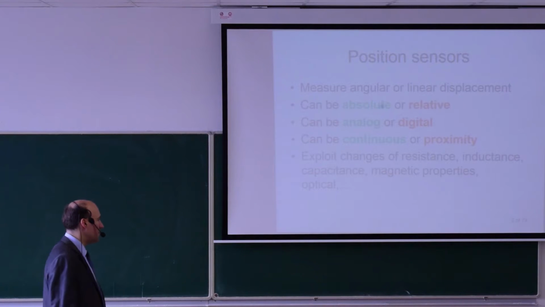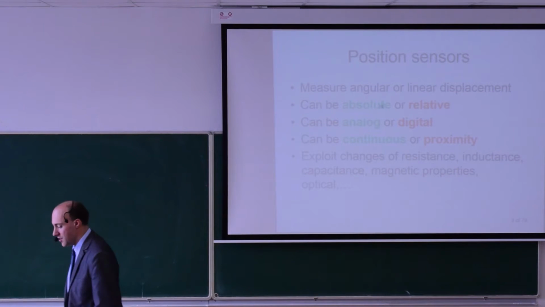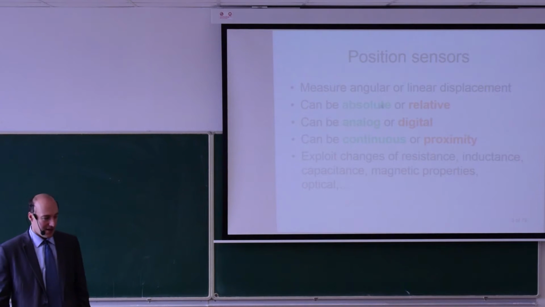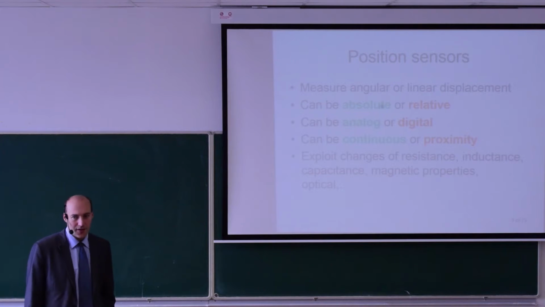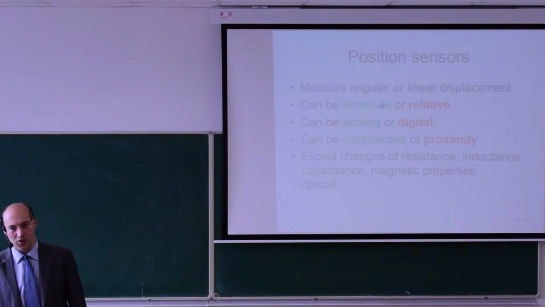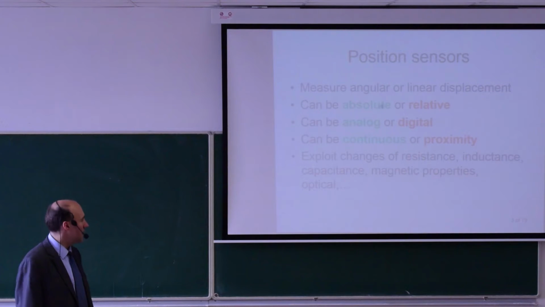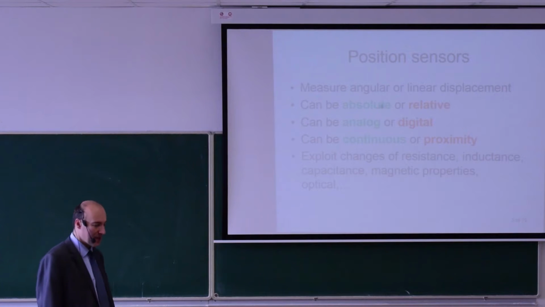So they can be used for linear or angular, or both if you design the sensor in another way. We'll also see that typically the sensors for linear displacement may have some trouble with thermal expansion. So then it would be better to take the sensor for angular displacement.